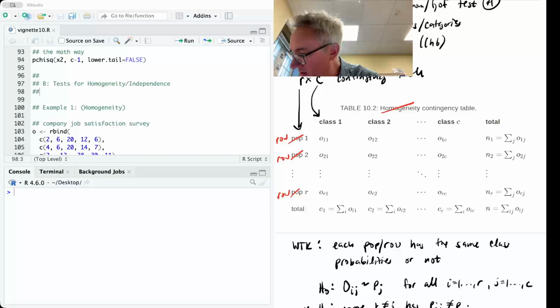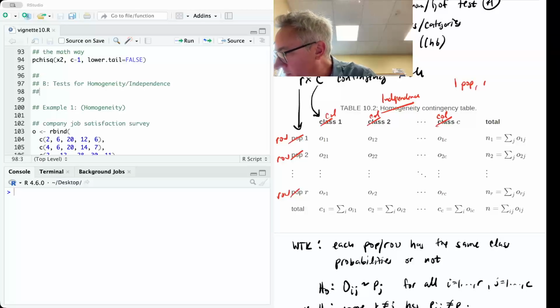And this is going to be an independence table now. And this is going to be a column class. So it's like there's two classifications. So there's just one population, and then we have row class and column class. Both random.